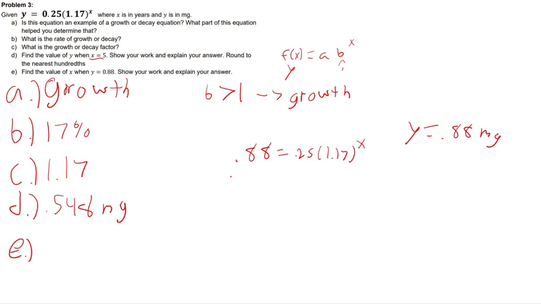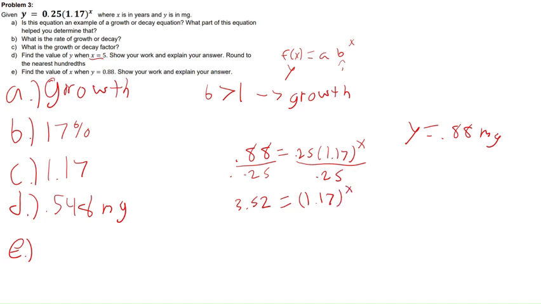So how we do that is we got to divide both sides by 0.25. So then after we do that, 0.88 divided by 0.25 equals 3.52, which equals 1.17 to the power of x.